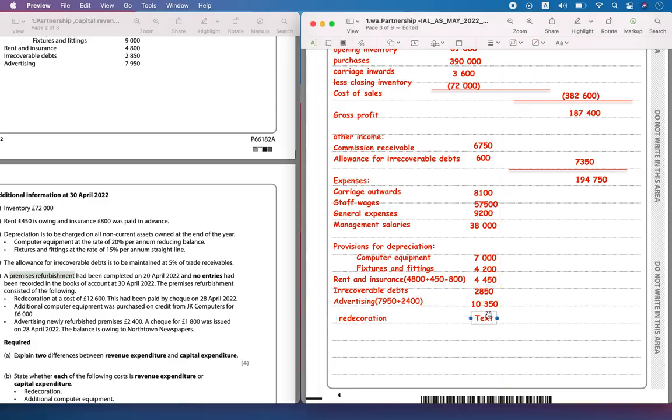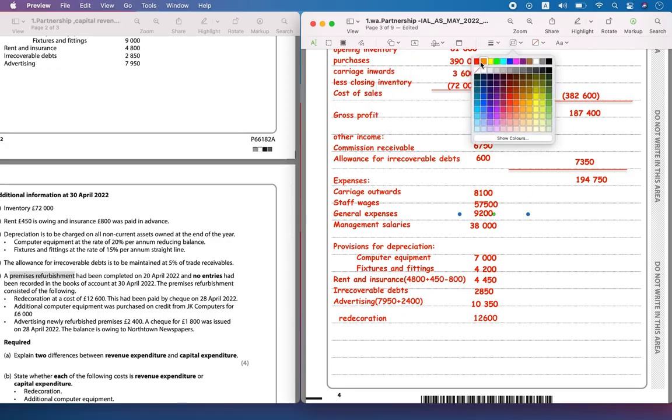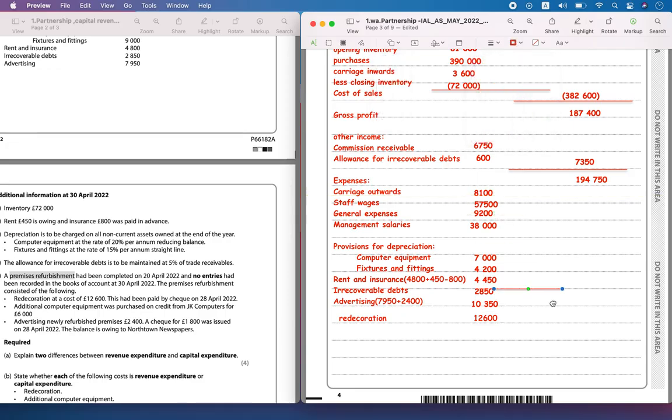So let's include that. Now let's total up: 8,100 plus 57,500 plus 9,200 plus 38,000 plus 7,000 plus 4,200 plus 4,450 plus 2,850 plus 10,350 and 12,600.